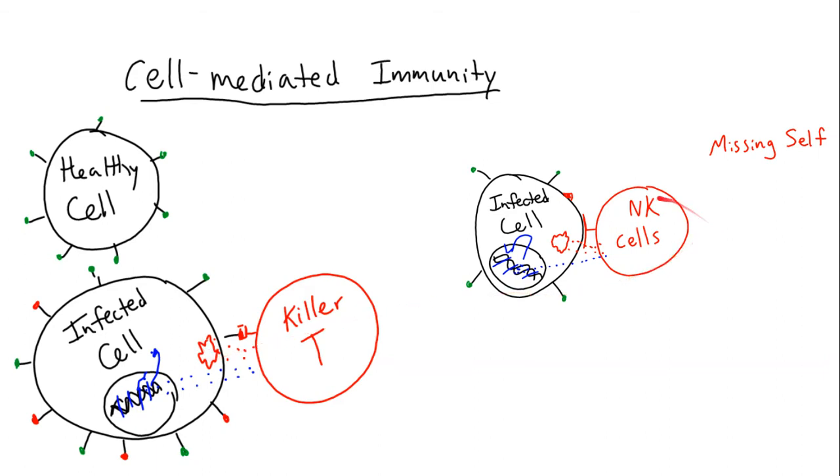Natural killer cells, something we don't talk about all that much, work very similarly in that process, but the theory is that they are more looking for missing self as opposed to just foreign.